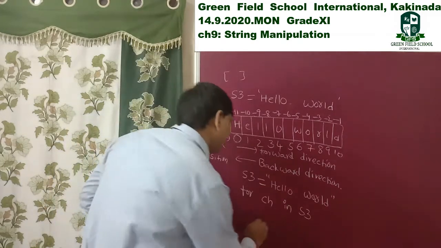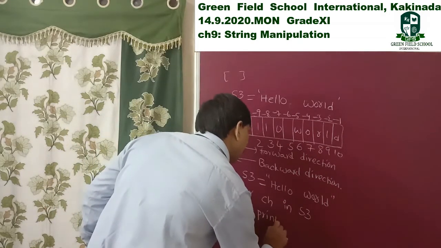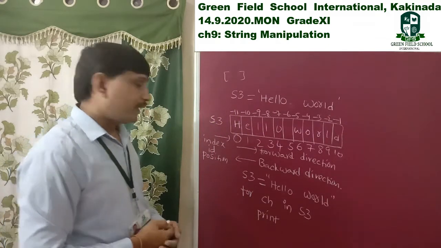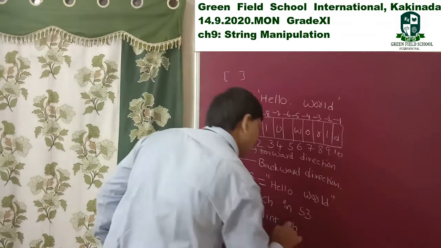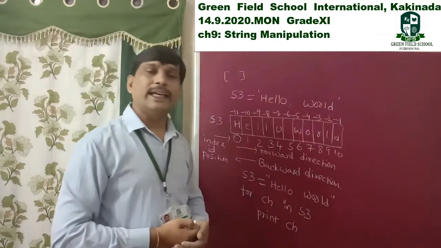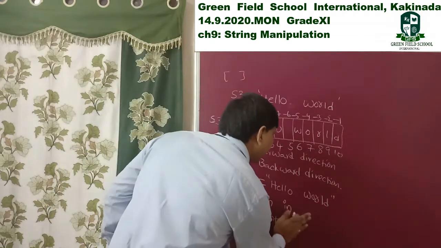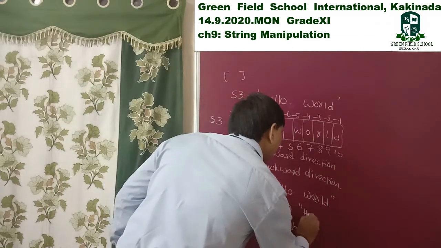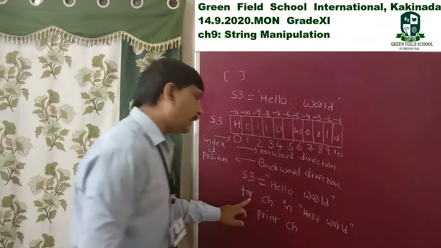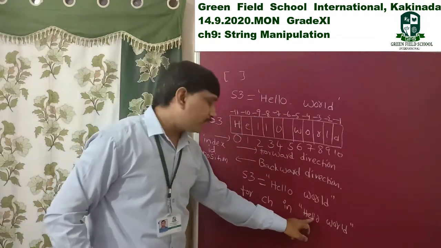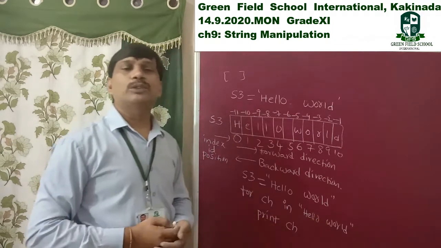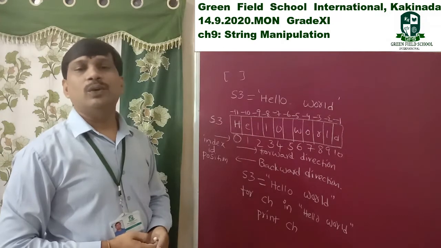Then print CH. First it accesses one character. So first it displays H, after that E, after that L, after that L, O, and so on.